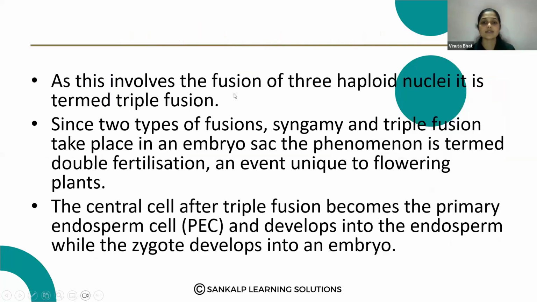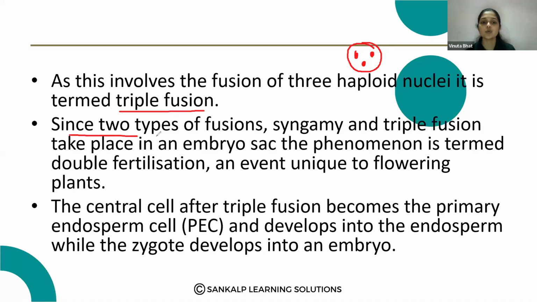As this involves the fusion of three haploid nuclei, two nuclei in the central cell and one nucleus of the male gamete, it is termed triple fusion.